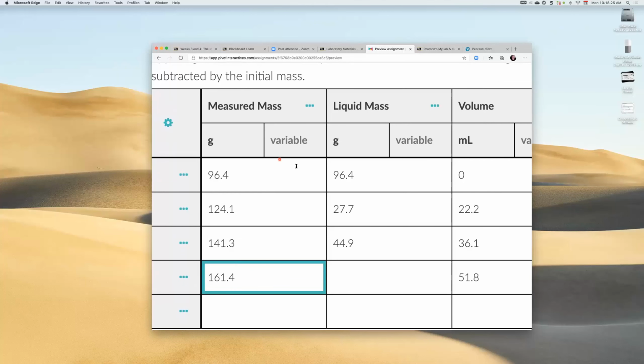Thank you. So now to get the liquid mass, remember that we need to subtract the 96.4 from the 161.4. 65.0? Yes. Okay.